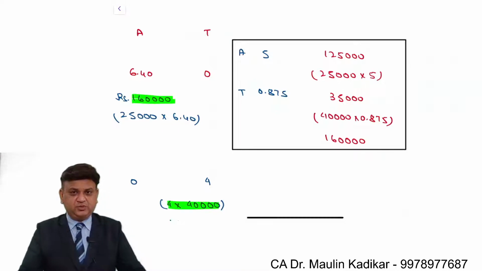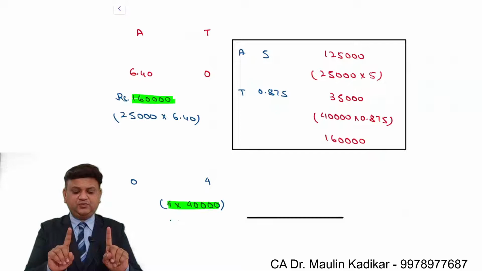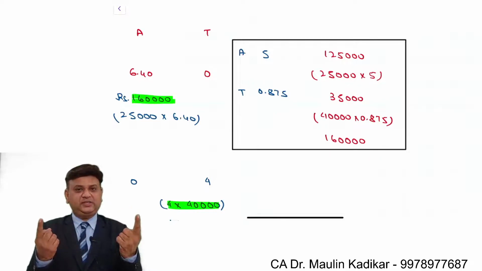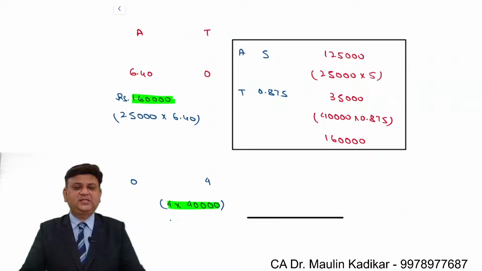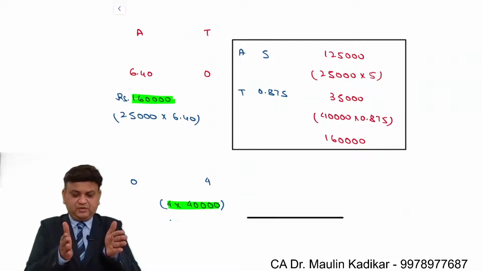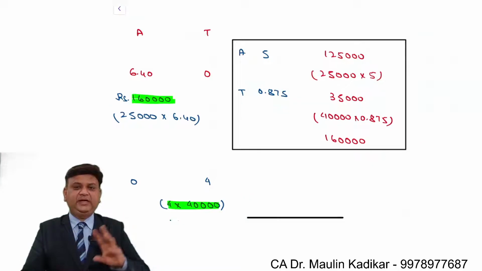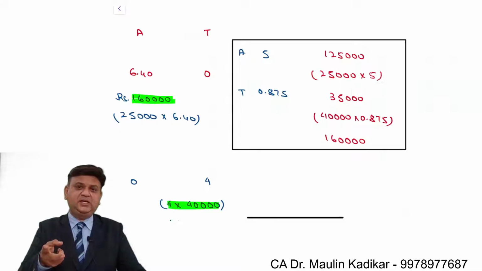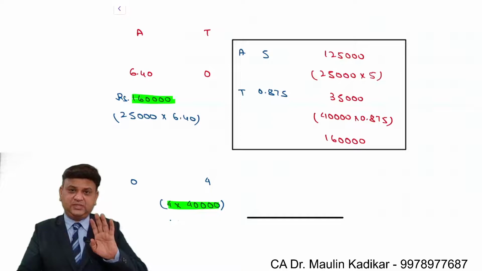The exchange ratios will never be outside these limits, because in that case neither company will agree. That is the reason it will always be in between both of them. It depends upon the negotiation power that one of the two companies has, so the exchange ratio will be settled.